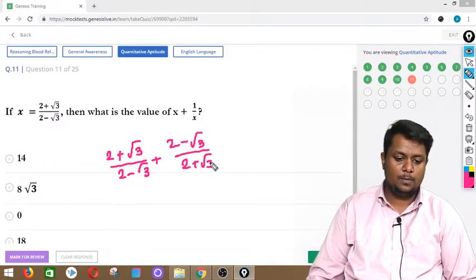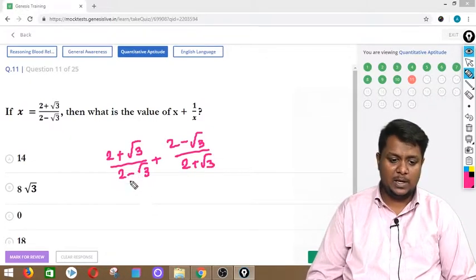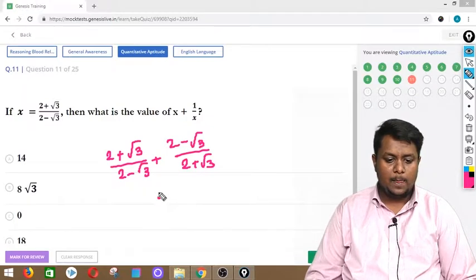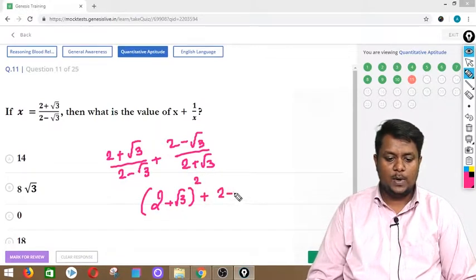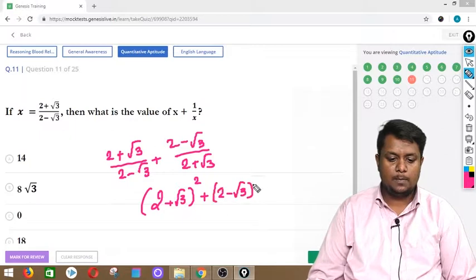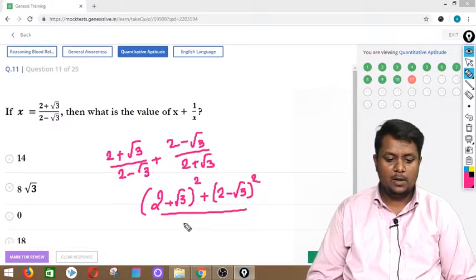Now let us cross multiply. What happens here is (2 plus root 3) the whole square plus (2 minus root 3) the whole square, whole divided by 2 square minus root 3 square.